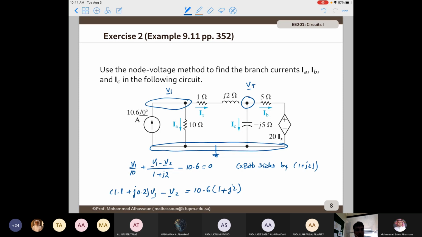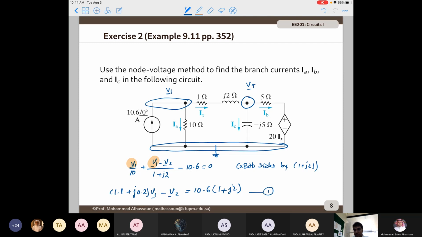The reason we have 1.1 is that we have 1 from here and 0.1 from here, and that's why we have 1.1. So I combined two steps here. Okay, this is the first equation.